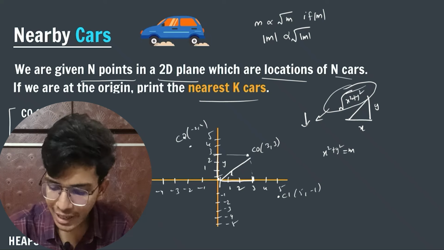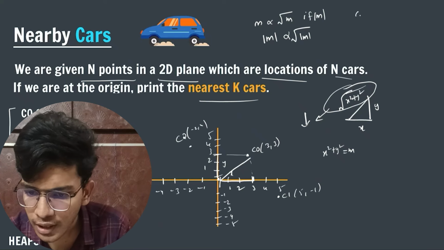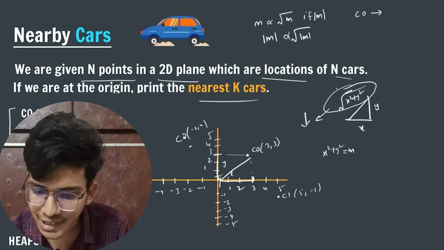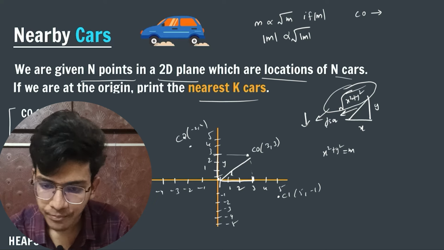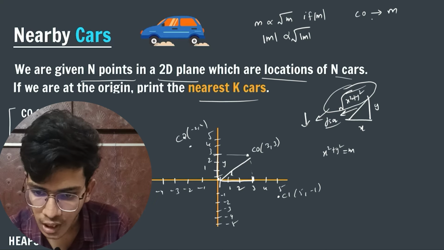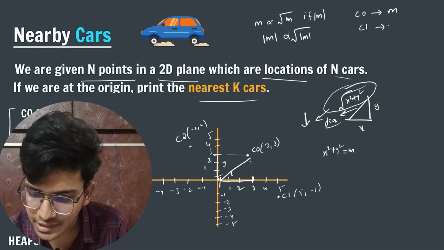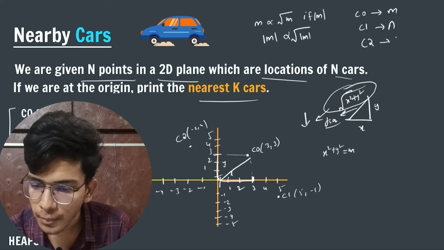Okay, so let's say that here C naught has given me the distance, let me call it distance square, as m, and C1 has given me distance as n, and C2 has given me t.